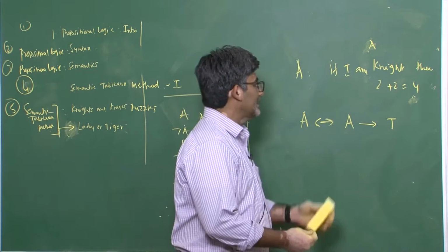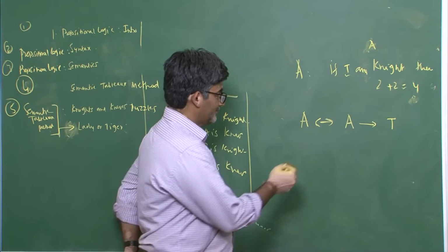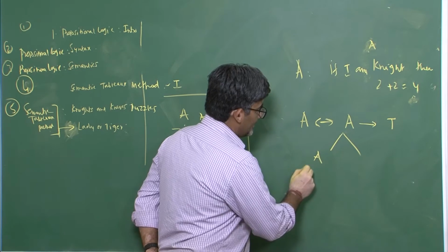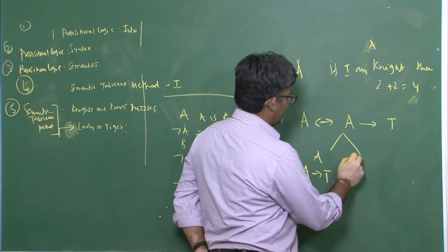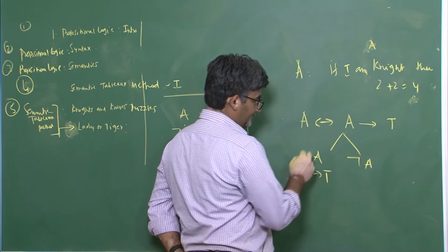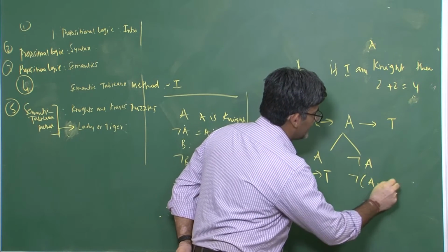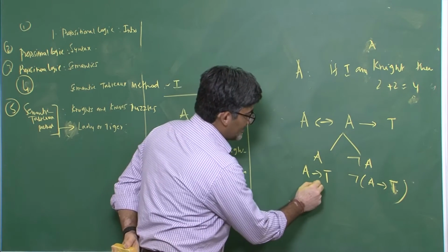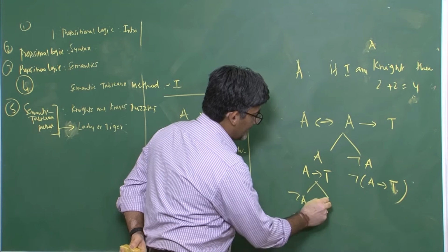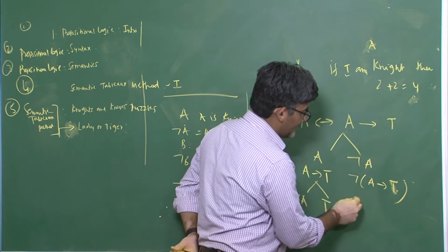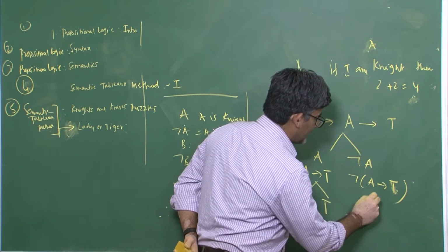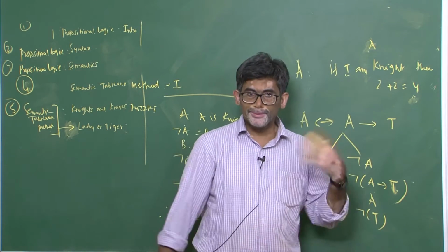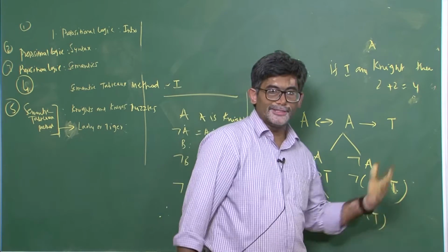So now we need to find out when this is going to be satisfied. So now it is A, and A implies T, and then not A, not of A implies T. So this is not A and T, and then this leads to this one, A and not of T. So suppose you have 2 plus 2 is equal to 4, then the negation of that is going to be a contradiction.